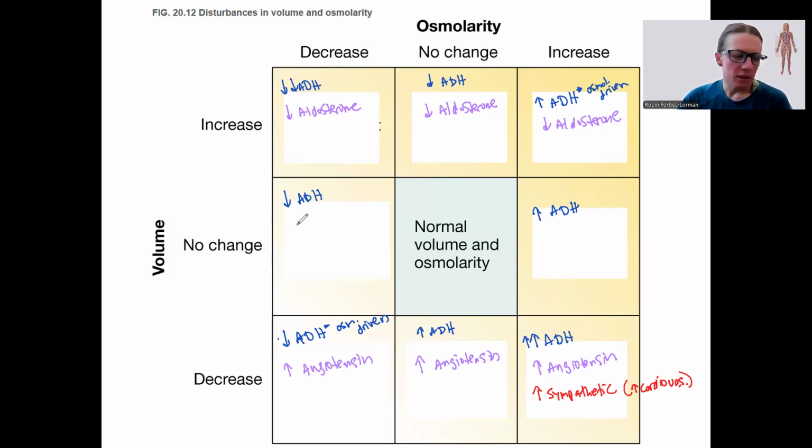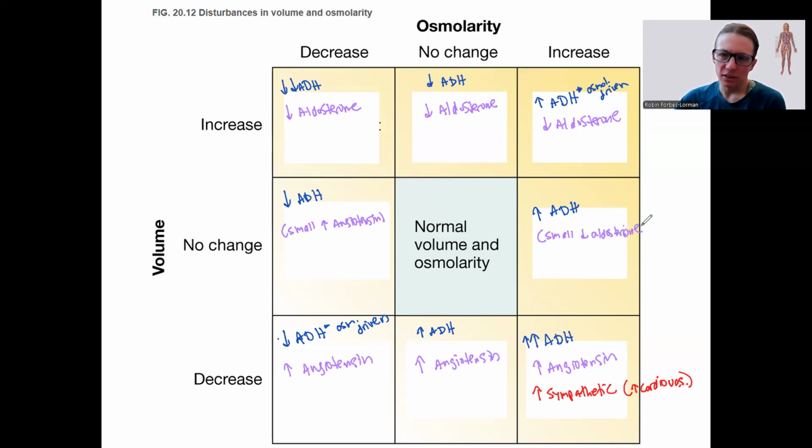This one, there's a small increase in angiotensin. It's not primarily responding to osmolarity, but it does help reabsorb sodium. So we would want to increase osmolarity a bit there. Same thing here, small decrease in... I'm sorry, that should say aldosterone.